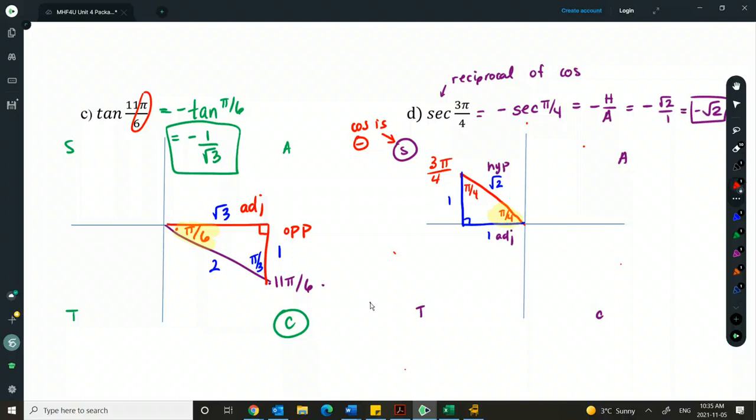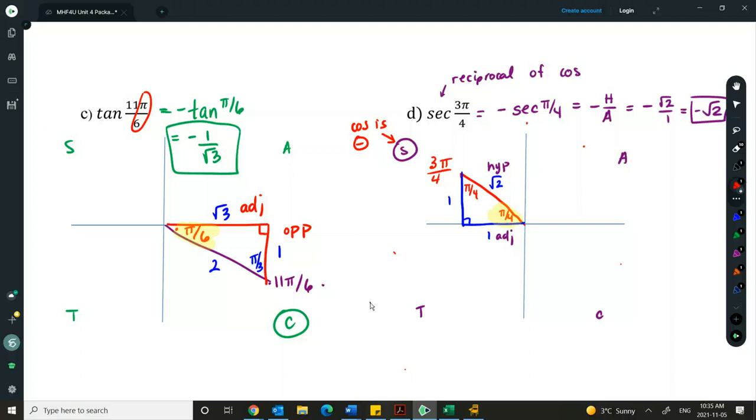Keaton? So I thought, like, if it's the reciprocal of cos, I thought it would be negative, or it would be positive where cos is negative. So it's not the negative reciprocal of cos, it's just the reciprocal. So when we just do a reciprocal, we just flip the fraction, we don't switch the sign.